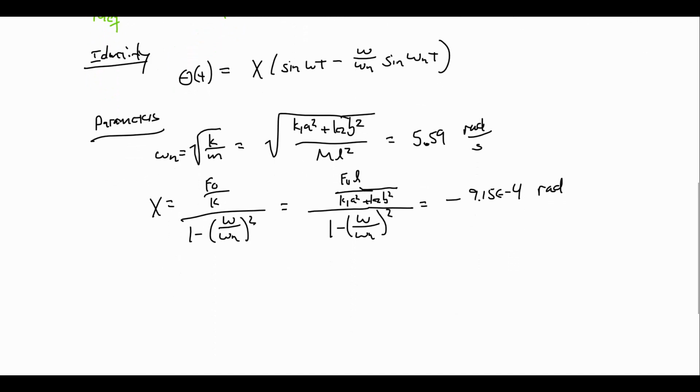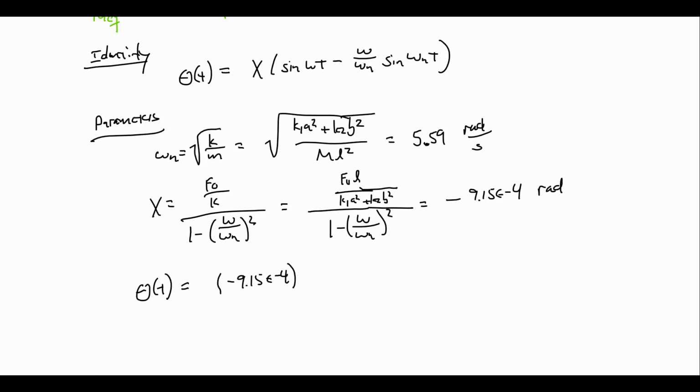Now we can get to our theta of t. We're not going to quite see what's happening the same way we did before, but when we piece this together, we actually get the same result that we had the previous time, where we started with x and then converted it to theta.